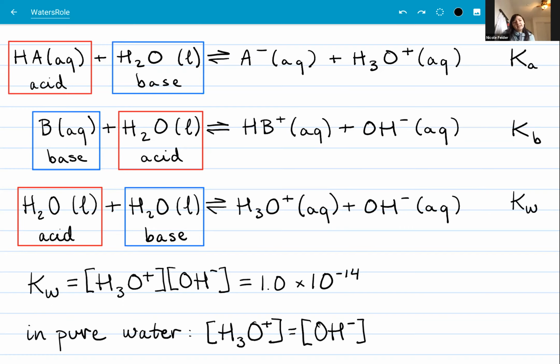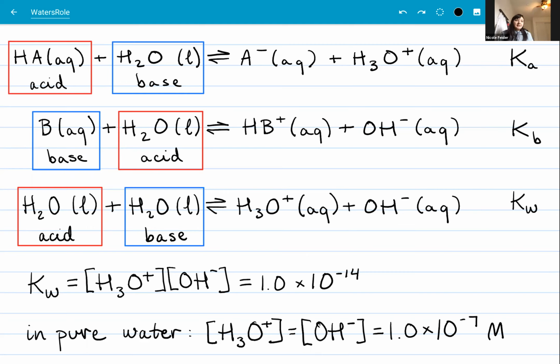So knowing these things, we can come to the conclusion that in pure water, the concentration of both H3O+ and OH- are the square root of Kw, or equal to 1 times 10 to the minus 7 molar. Even in impure water, like acidic or basic aqueous solutions, this fact holds that the product of the concentrations of hydronium and hydroxide equals Kw, or 1 times 10 to the minus 14.